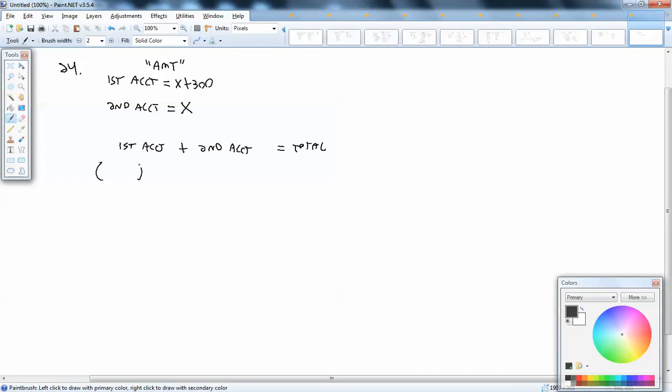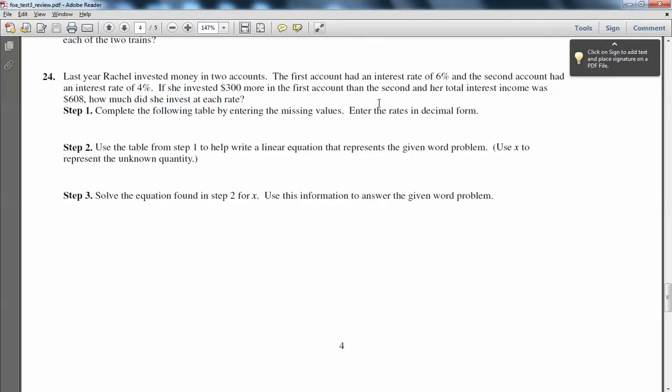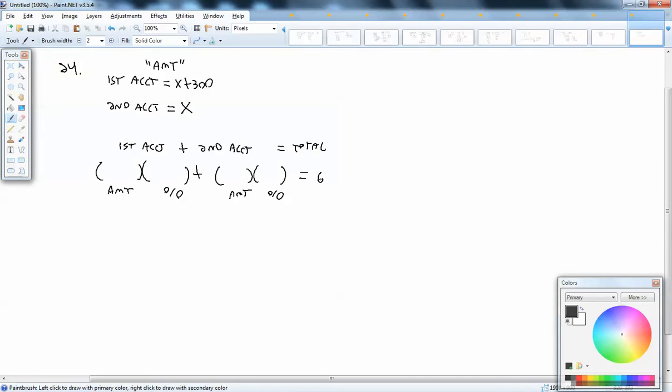Now we're going to have two quantities here: the amount and the percent. Over here they give it to us directly. They tell us total interest income was 608.